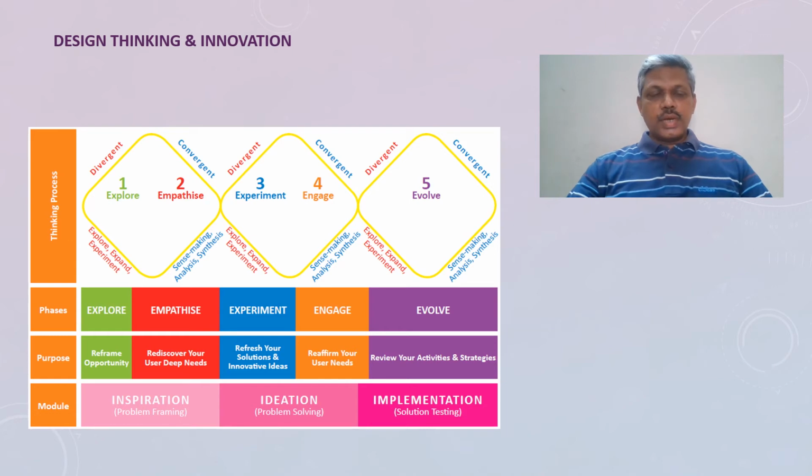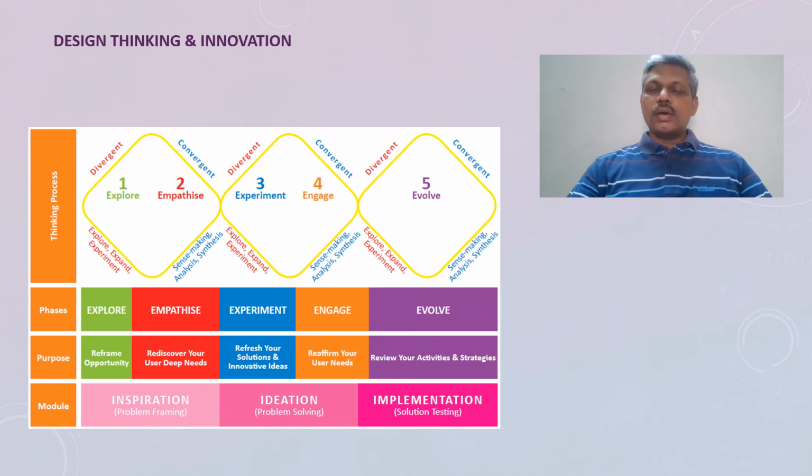Once you get that, you then experiment and engage. Experiment, refresh your solutions with innovative ideas. That's the ideation phase of the previous one. And then engage, reaffirm your plans, and then evolve. It's the experimentation phase and implementation phase. More or less, all the things are the same. It's only a reframing of the same thing in a different flavor.